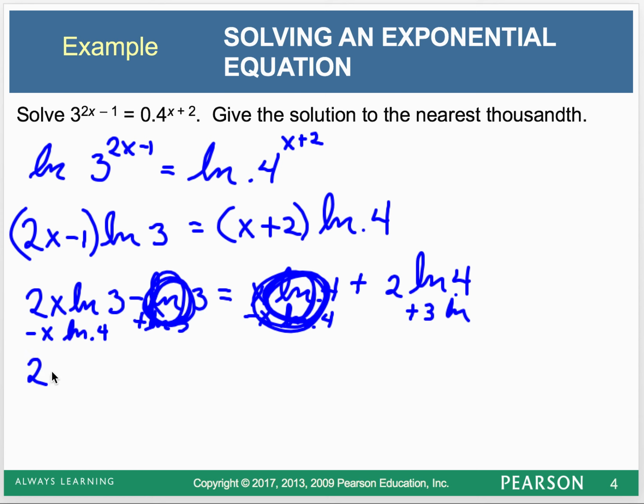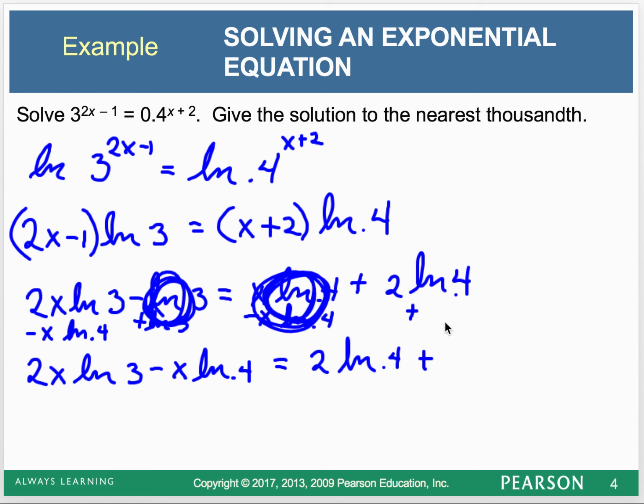Okay, so now I have 2x natural log of 3 minus x times natural log of 0.4 equals 2 natural log of 0.4 plus natural log of 3, right?